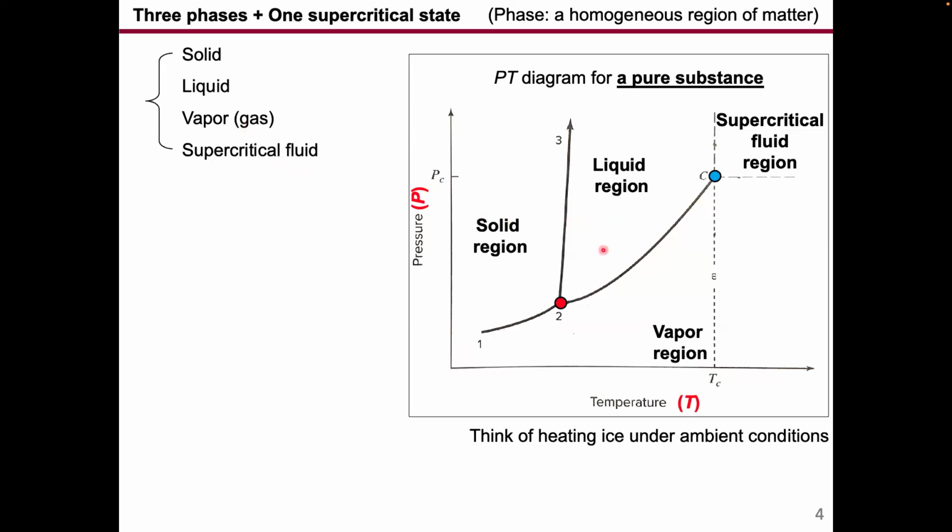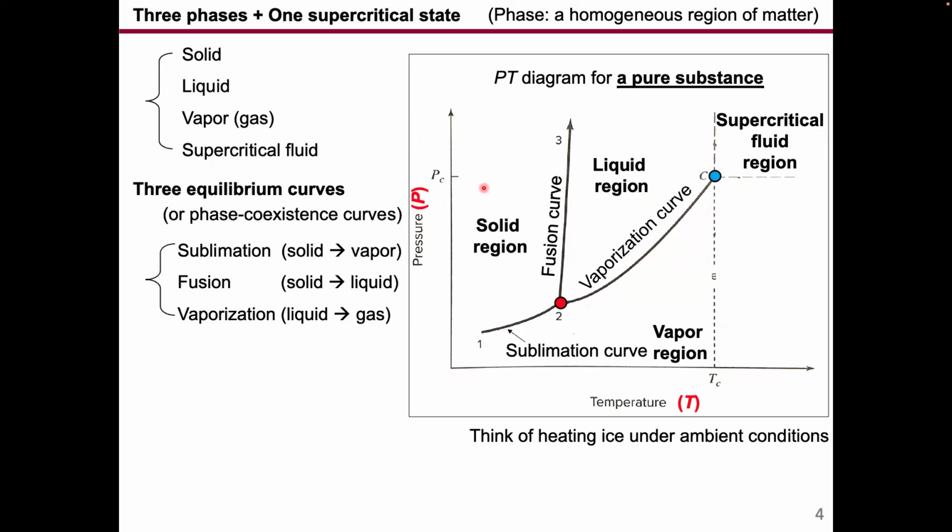Then you go from liquid to vapor by boiling. And then you go up to the supercritical fluid region, which is above TC and above PC, okay? So there are four phases.